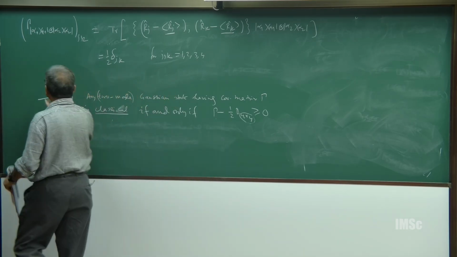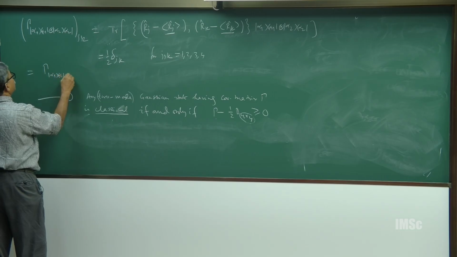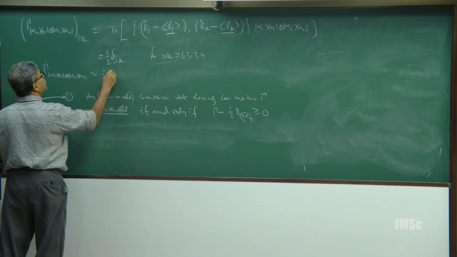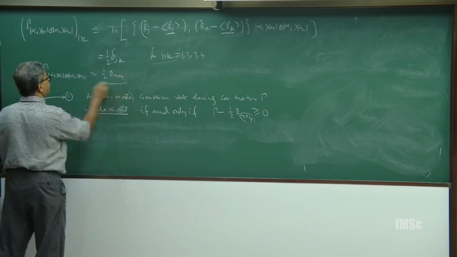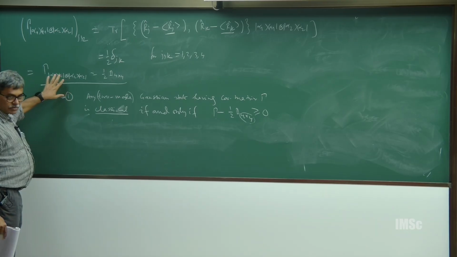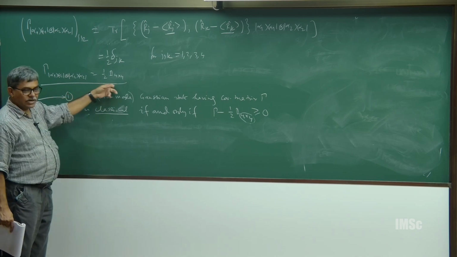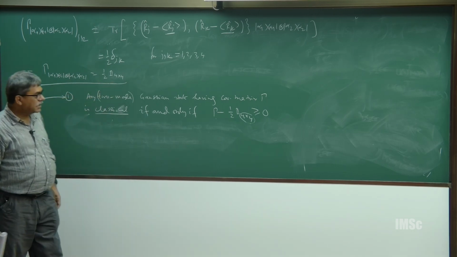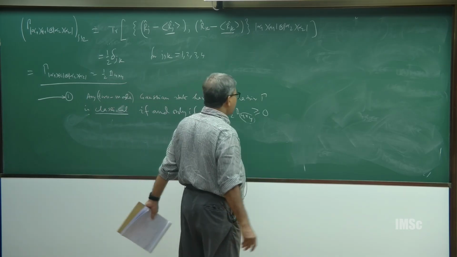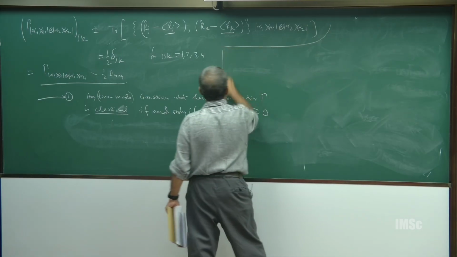It means that for this tensor product of coherent states, this is equal to half identity 4 cross 4, and this is a classical state because it is a tensor product of coherent states. And for this classical state, this is what you get. Good. Now, let us look at a bit more.